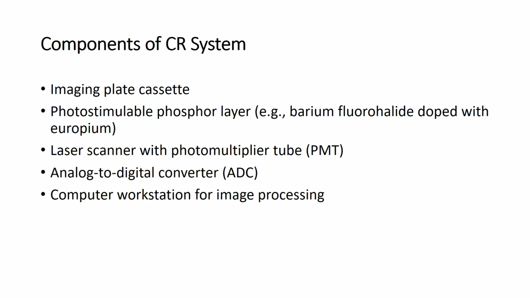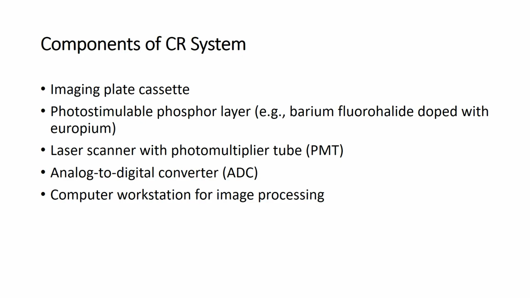Let us discuss the components of the CR system. For the computed radiography system, the imaging plate cassette is required. This is a primary requirement; the cassette contains the photostimulable phosphor layer, which is barium fluorohalide doped with europium.